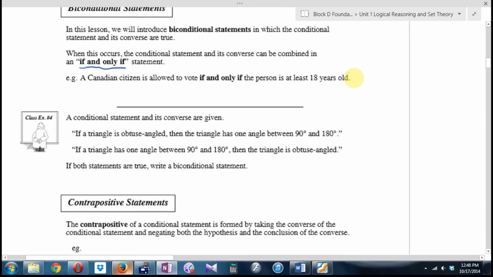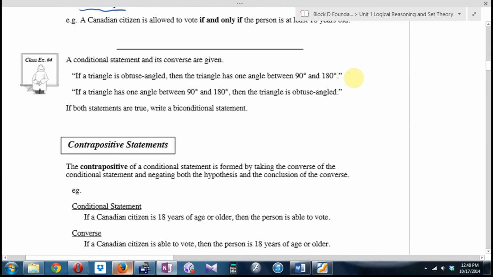Example 4. A conditional statement and its converse are given. Remember converse: reverse, if becomes then, then becomes if. So here it is. If a triangle is obtuse angled, then the triangle has one angle between 90 degrees and 180 degrees. True or false? True.